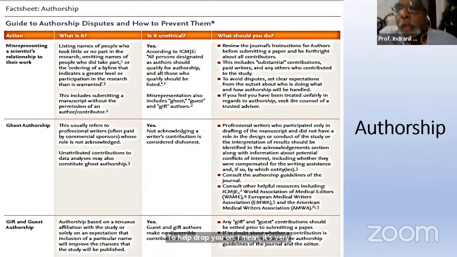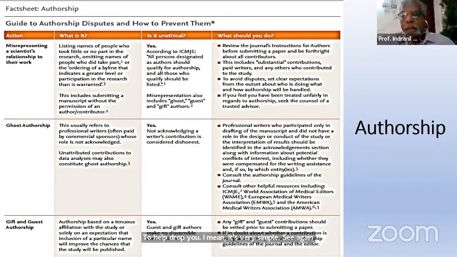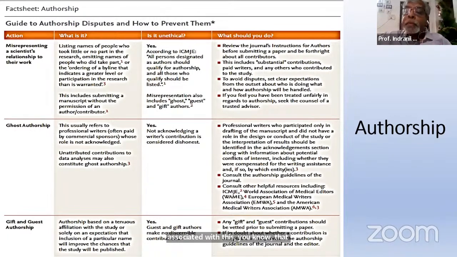See, again, those of you who are into publication right now, or who are associated with this, you know that many journals today provide professional assistance in your language skills, because English is not our mother tongue, it's not our native language.